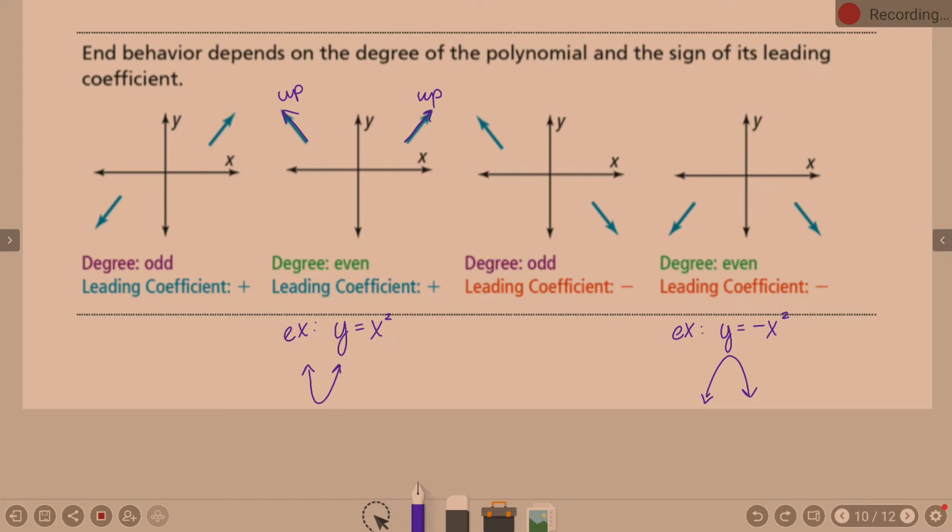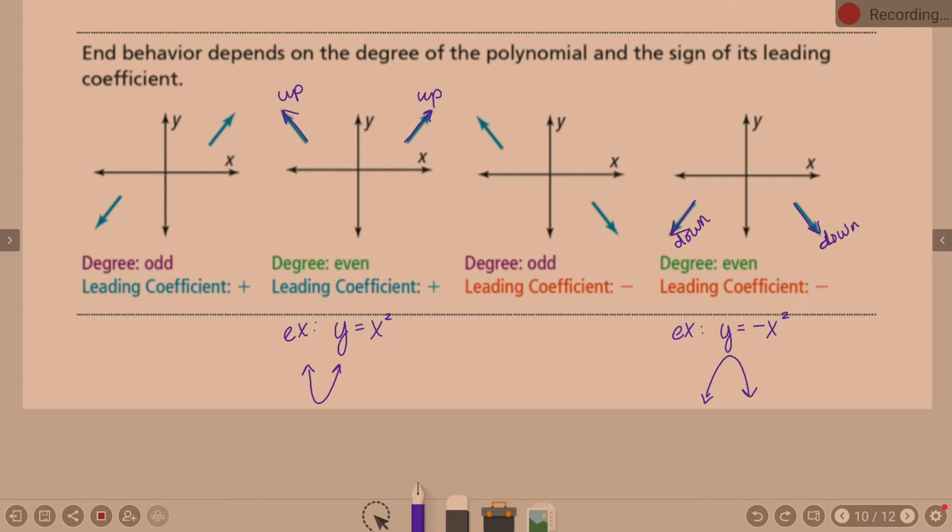In this case, a graph with those characteristics will always go down on both sides. My old Algebra 2 book would call this down and down. We're going to use infinities. If it's going down, it's going down to negative infinity. And we'll talk about this on the next page.